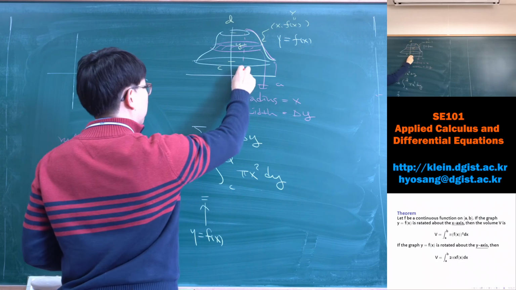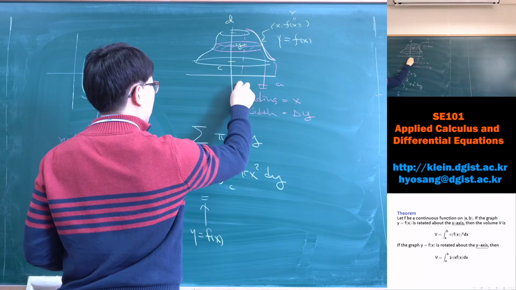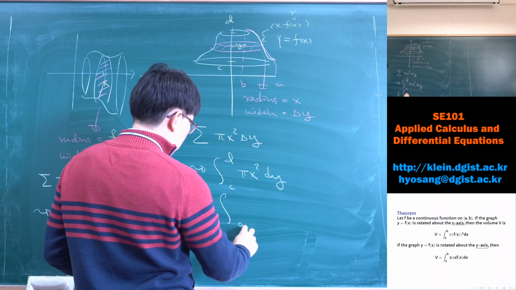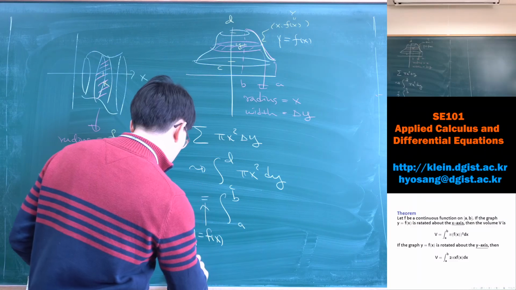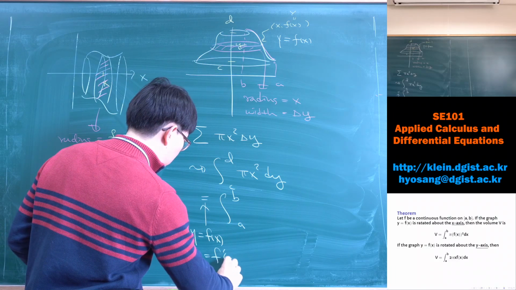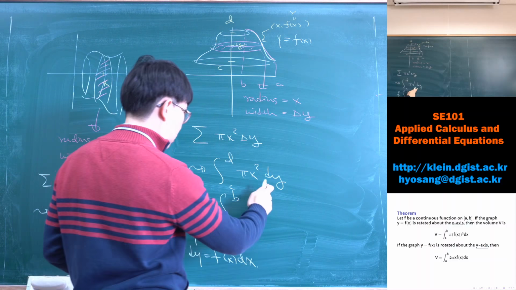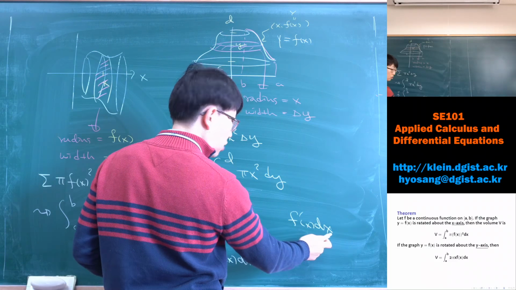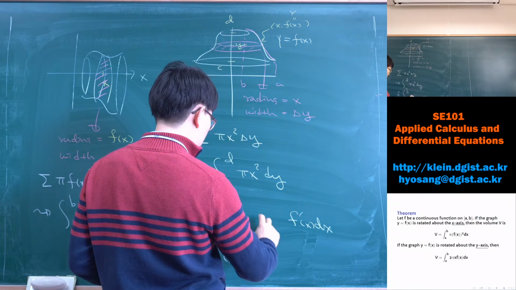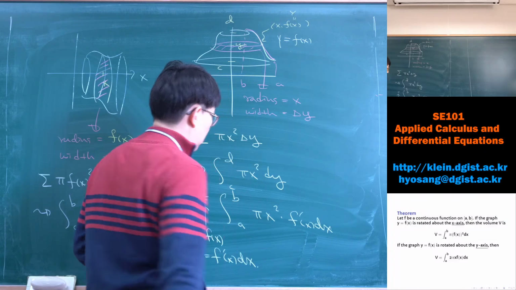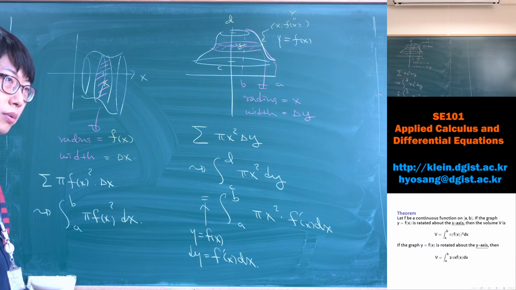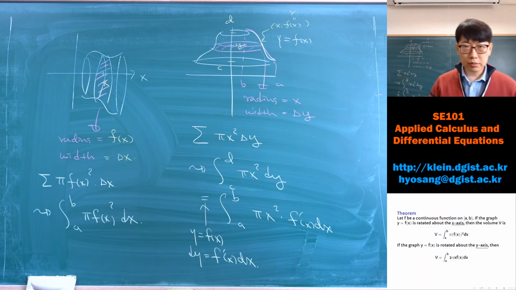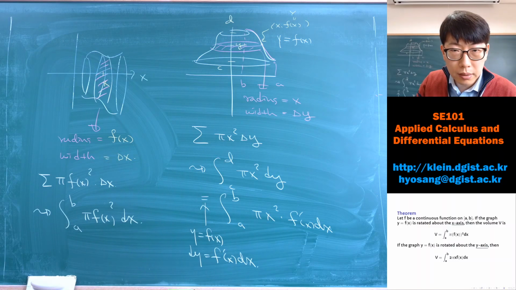So assume that when y is c, x is a, and y is d, then x is b. So now dy equals f prime(x) dx. So when I substitute dy, I get f prime(x) dx, and now integration is on x, and pi x squared is not changed. Okay. So this is how you get. I'm sorry. So there's also a typo.